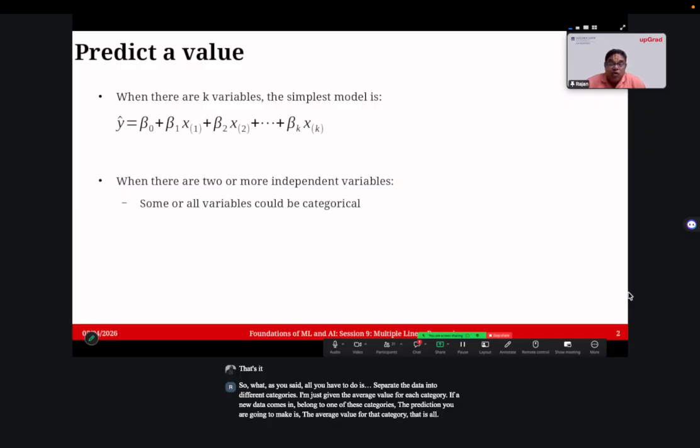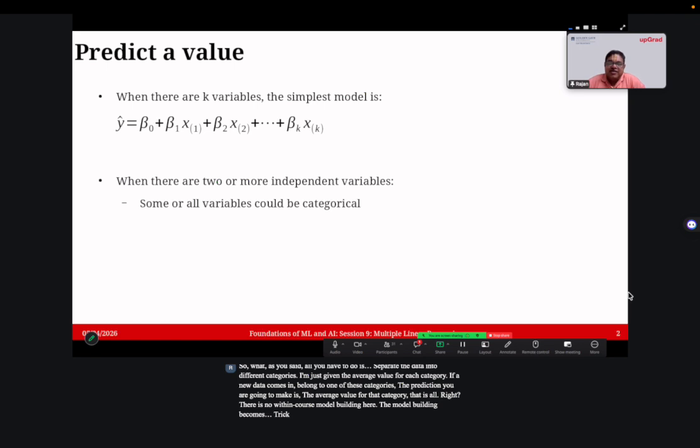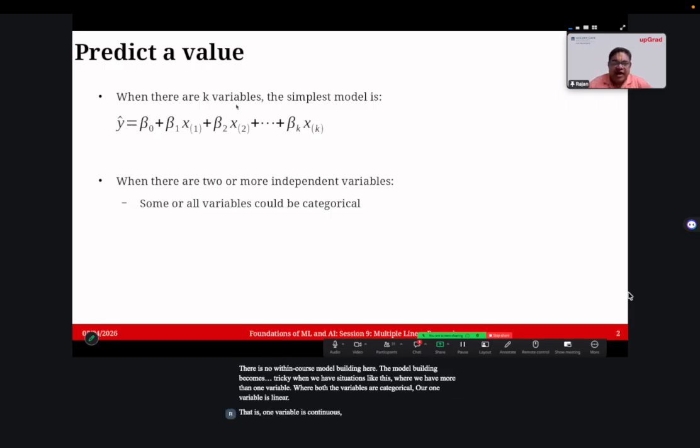And there is no, within quotes, model building here. The model building becomes tricky when we have situations where we have more than one variable, where both variables are categorical, or one variable is continuous and the other variable is categorical.